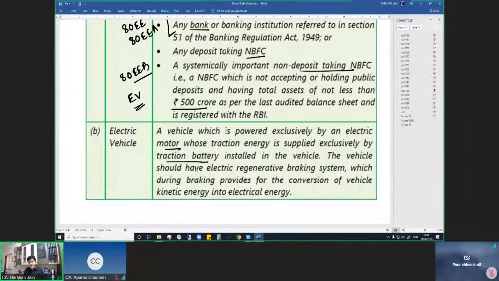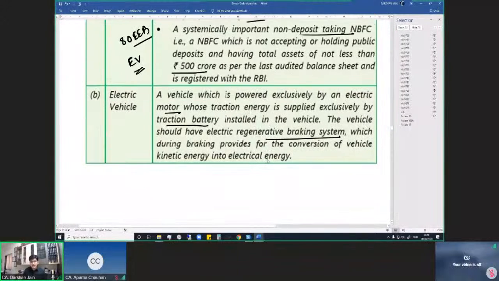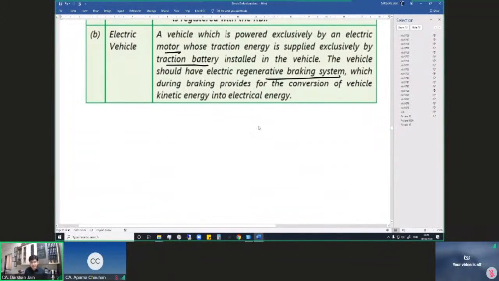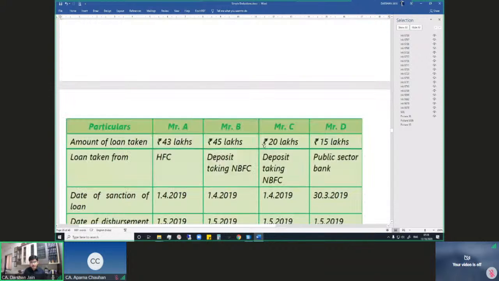So basically a battery driven vehicle, and it should have a regenerative braking system. So if it's a modern day electric vehicle, all of them comply with these norms. If you're taking a loan for an electric vehicle and buying, and paying interest on such loan, it would be available subject to a maximum of rupees 1,50,000. There is a cap on the amount of deduction.